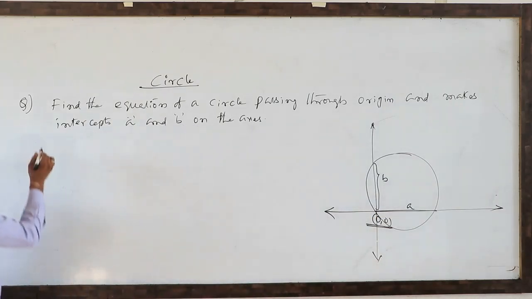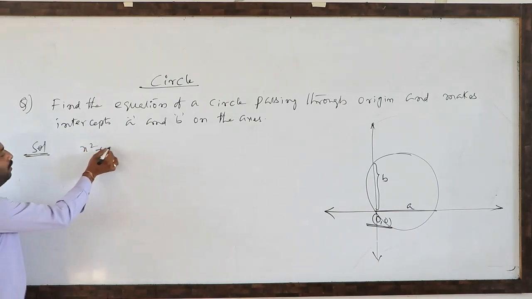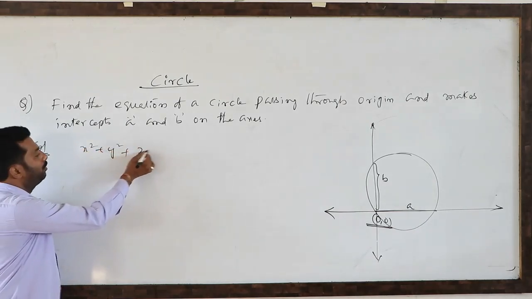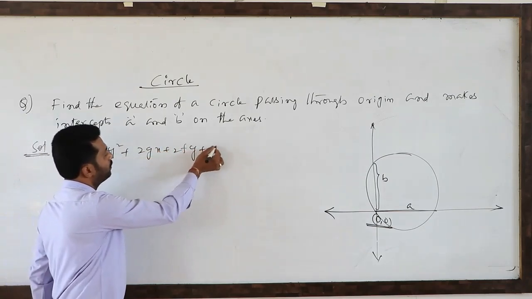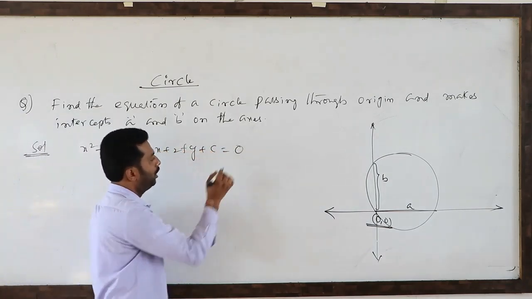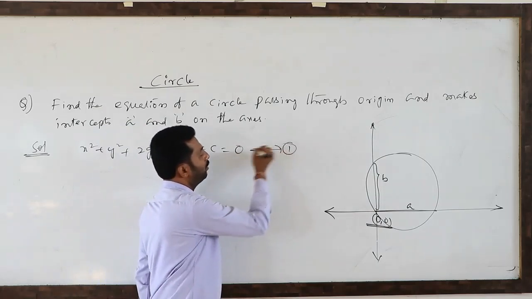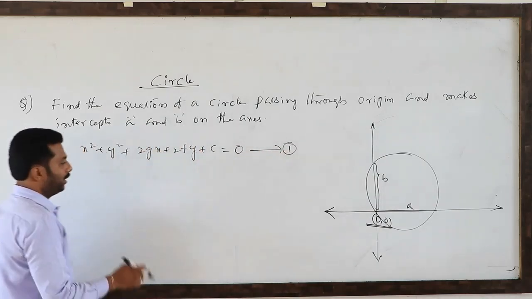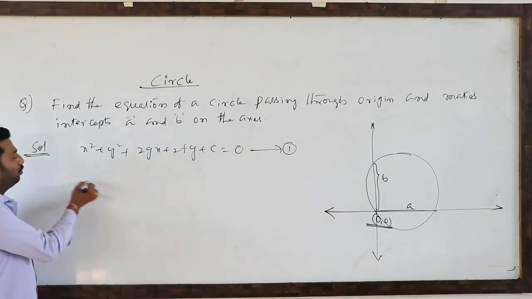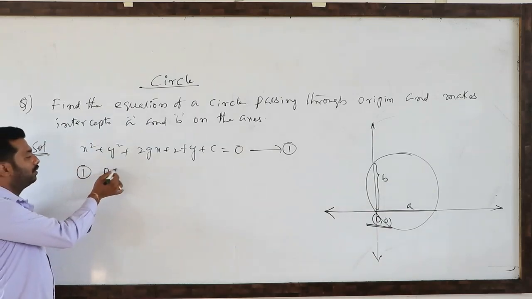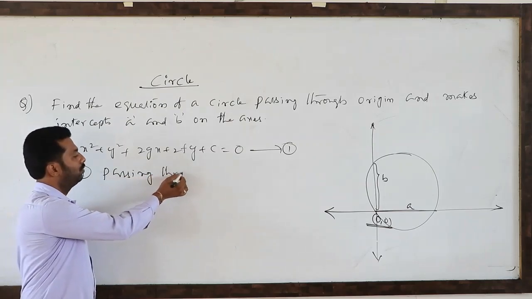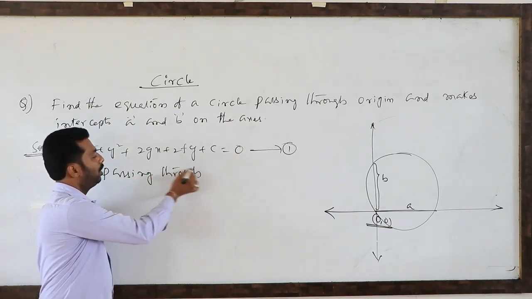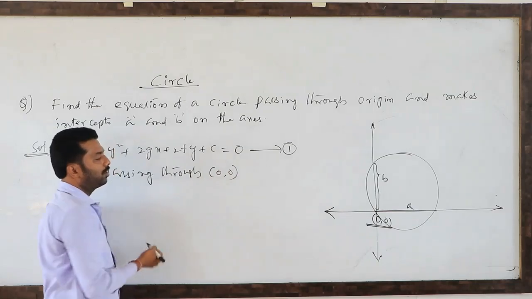Suppose the required equation of the circle is x square plus y square plus 2gx plus 2fy plus c equal to 0. Let it be equation 1. This circle is passing through the origin, 0, 0.